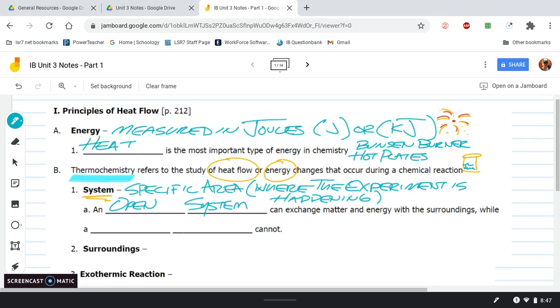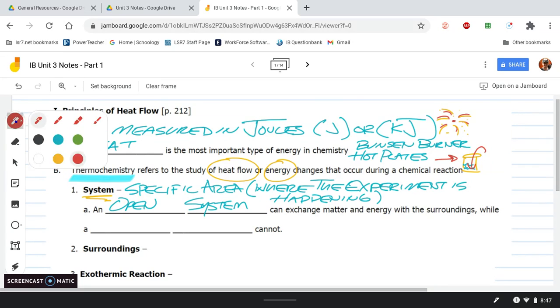If you do not have a 100% sealed place where the world cannot get involved, then you don't have a closed system. You have an open system. So open means things can get in, can get out. Air can get in. Temperature can change. Things from the outside environment can get in. My beaker up here is an open system because obviously things can get in through the top of the beaker, right?